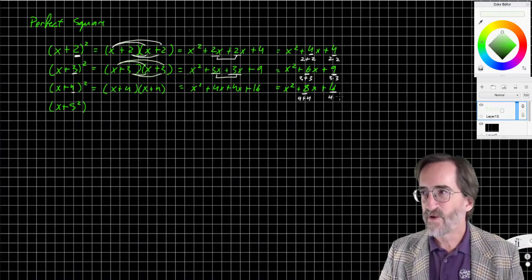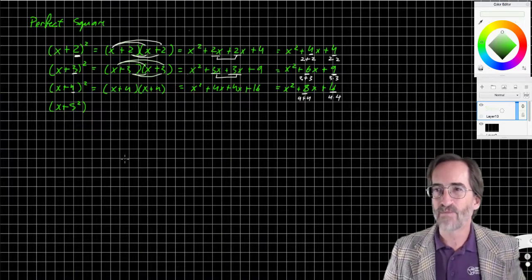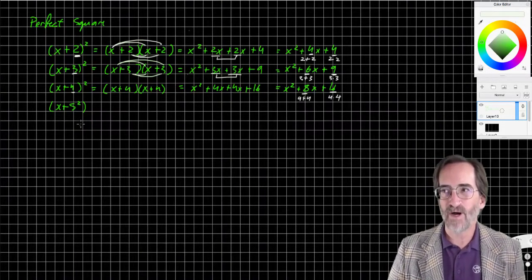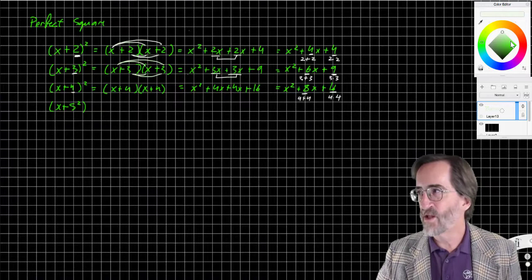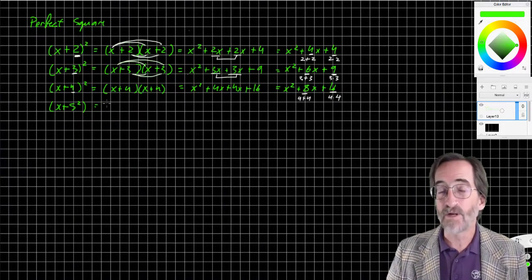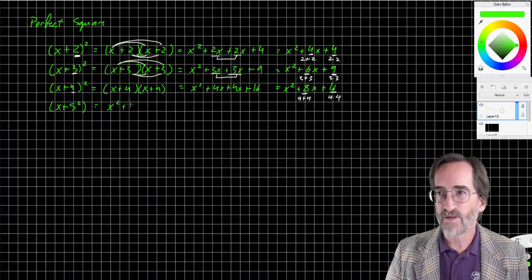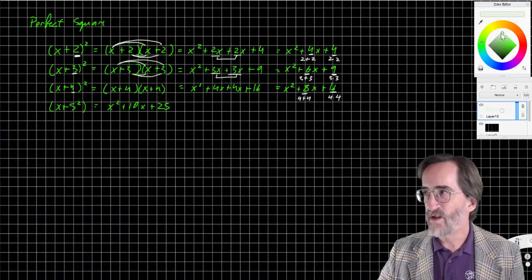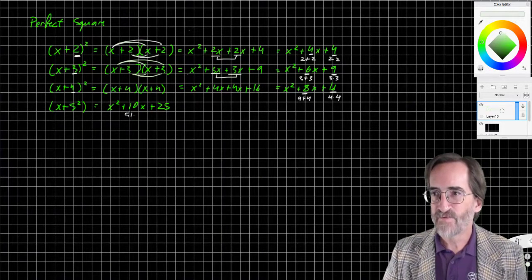Okay, so we've got a pattern that can be used to get a result much faster. So x plus 5 squared, I'm going to do this straight off. It's x squared plus 10x plus 25. And how did I do that? 10 is 5 plus 5, and 25 is 5 times 5.